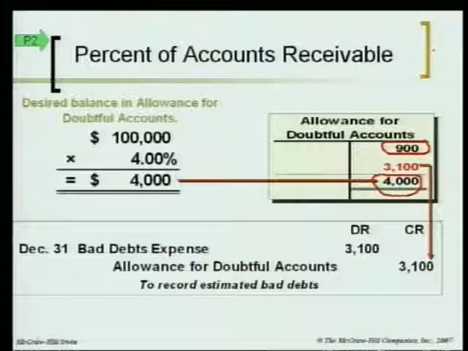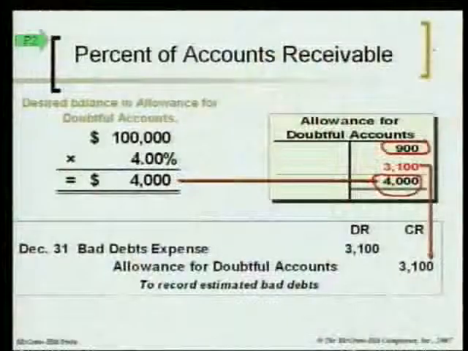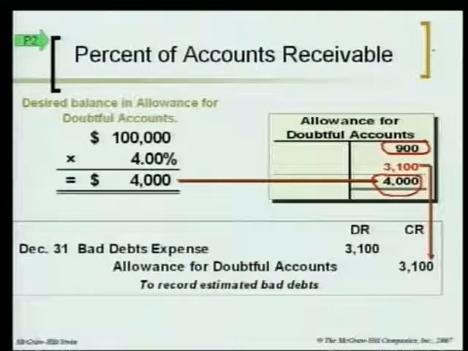Great question. Keeper asks, where do you get the beginning balance? Okay, let me ask you this. What type of account is allowance for doubtful accounts? It is a contra asset. When we close out accounts, do we close contra assets? No. So allowance for doubtful accounts will most likely and most often have a beginning balance that is a carryover from previous periods.